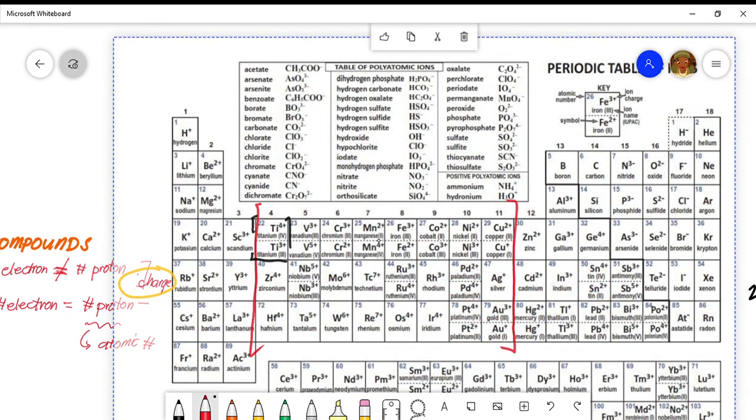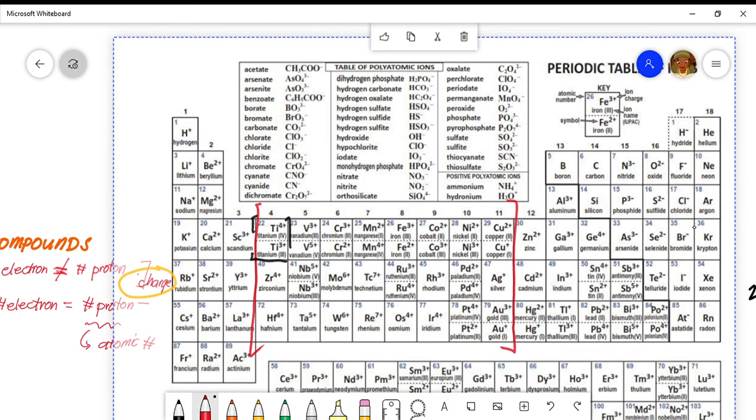SO4 has a charge of negative 2. Sulfate has a charge of negative 2.